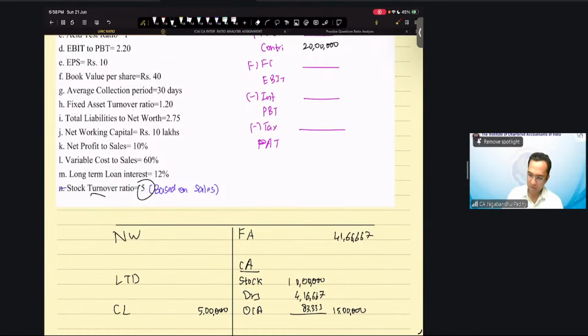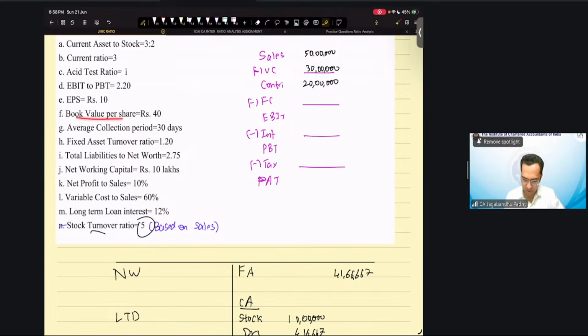Now book value per share is 40. But then net profit is 10%. Net profit to sales. So you can get the PAT: profit is 5 lakh, because the net profit ratio is 10%.